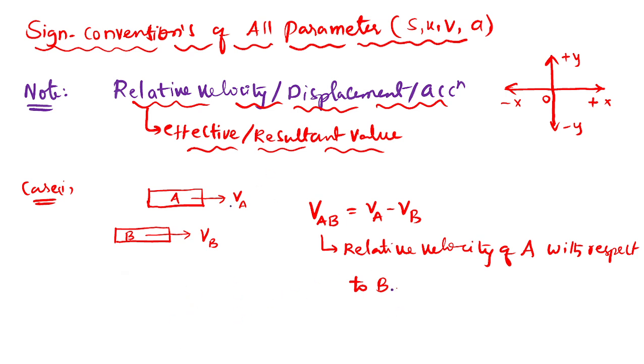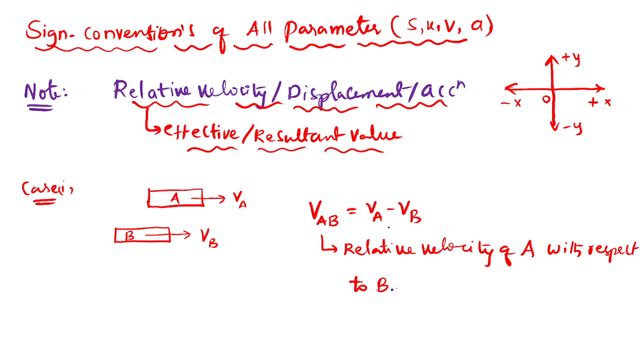For example, A is moving with 80 kilometers per hour and B is moving with 70 kilometers per hour. What is the difference between them? 10 kilometers per hour only, because A is a little bit faster and B is a little bit slower.